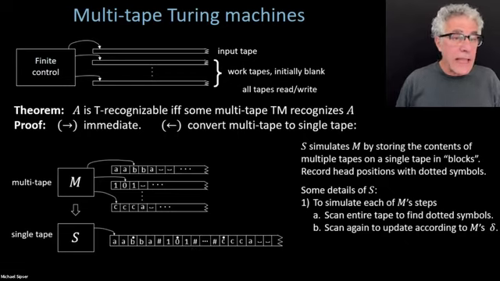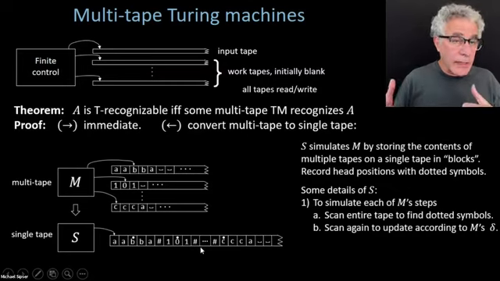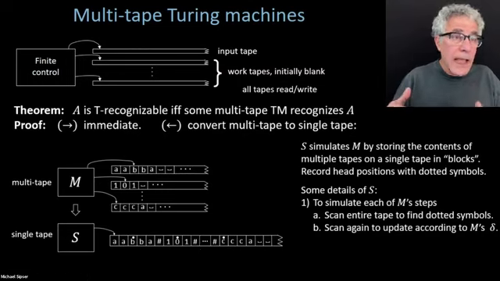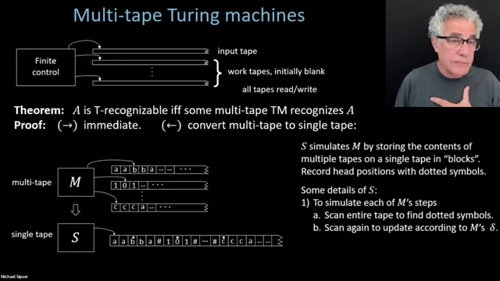Well, in that case, S goes to a little interrupt routine and shifts all of the symbols to the right one place to open up a location where it can write a new symbol for continuing the simulation. So with that in mind, S can maintain the current contents of each of M's tapes.